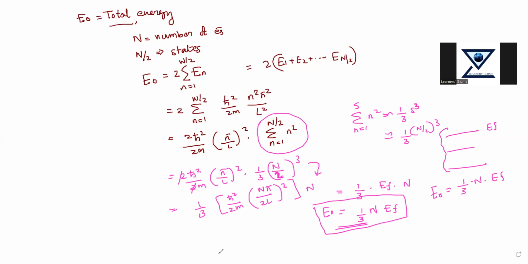One more topic we want to discuss, that is the density of states. The density of states is represented by the letter D, which we have also studied in distribution laws.